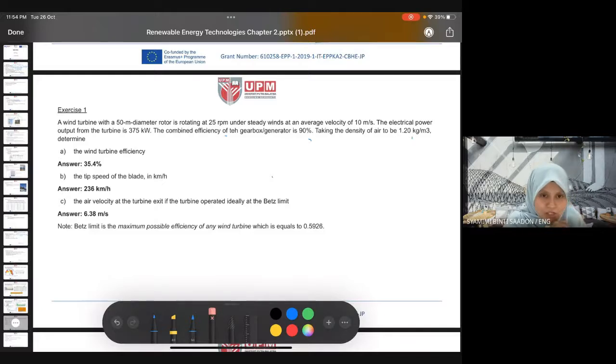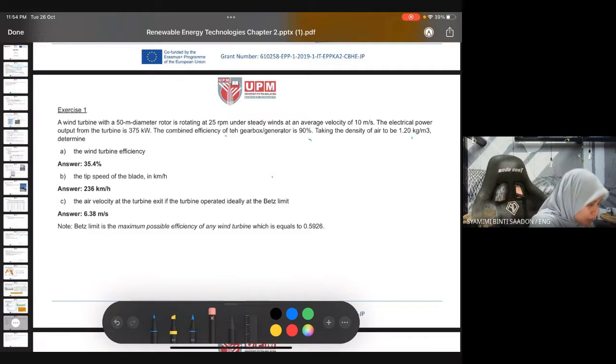We have the information of diameter. The diameter of the blade is 50 meter, and we know that the blade is rotating at 25 rotations per minute. So how are we going to calculate the tip speed of the blade, the speed of the blade at the tip?